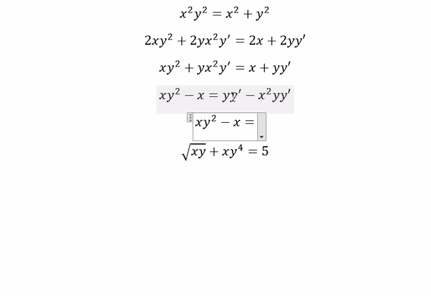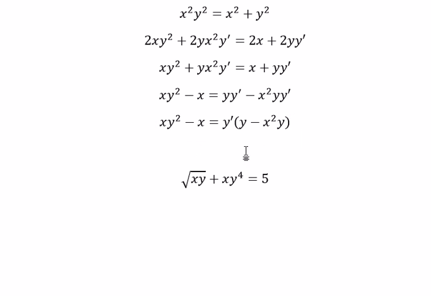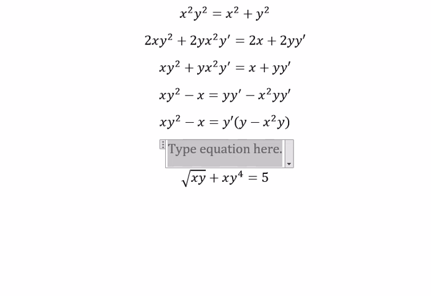So we can do factorization here. Next, we divide both sides by y minus x squared y, and we can find the first derivative of y.